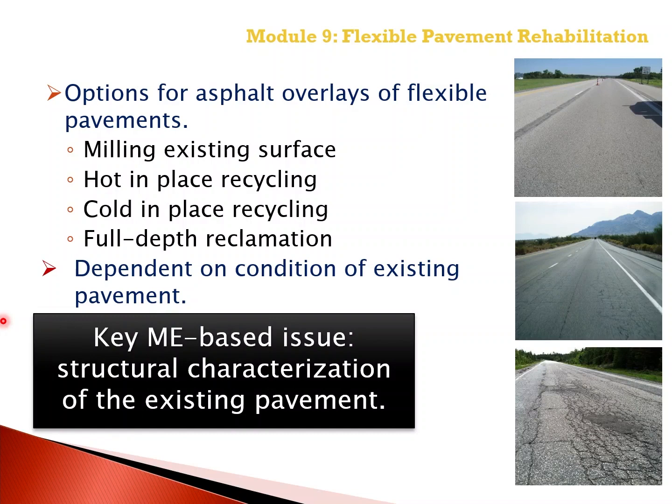And the key mechanistic empirical based issue is completing a structural evaluation or a pavement evaluation to determine the structural characterization of the existing pavement, so that an appropriate rehabilitation option can be selected for the flexible pavement to fix the problem and prevent it from reoccurring within the rehabilitation design period.